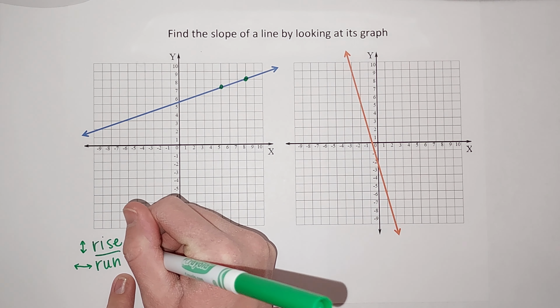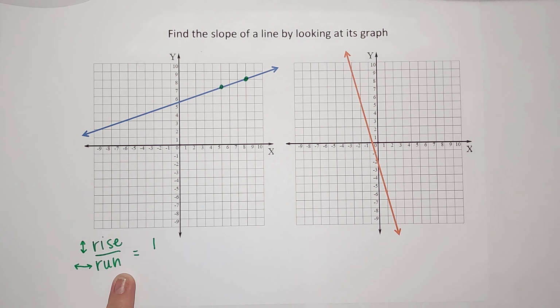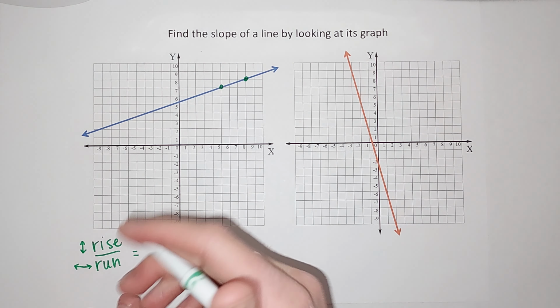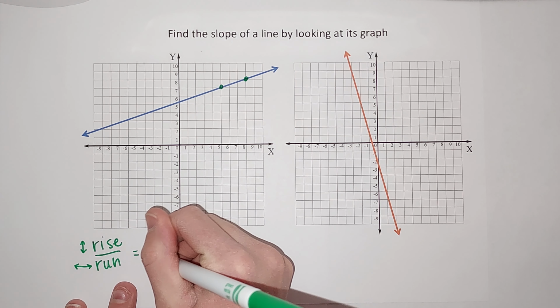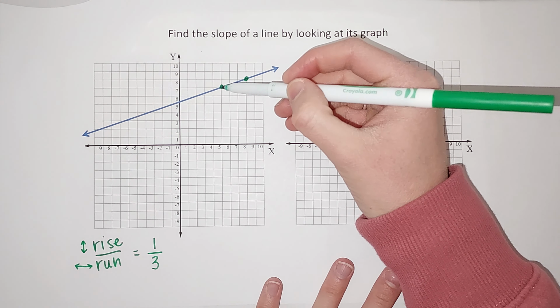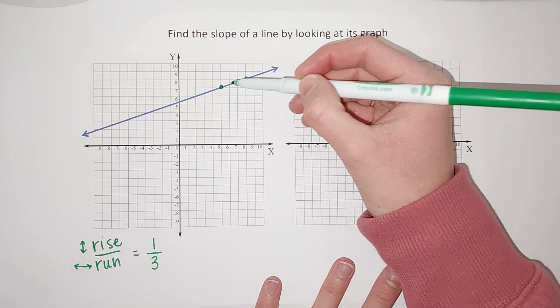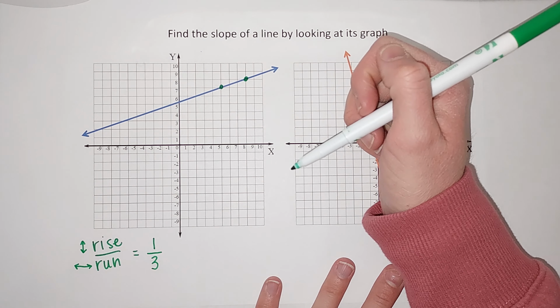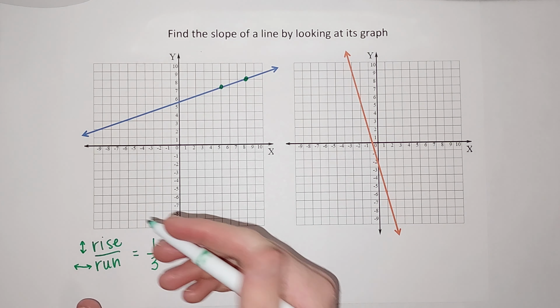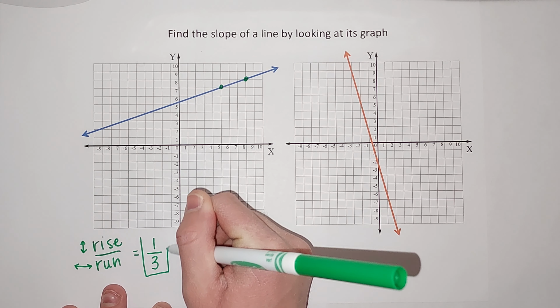So my rise was 1. My run, or left and right, was 3. Now, both of these are positive because we went up, which is positive, and right, which is positive, okay? So my slope for this one is 1/3.